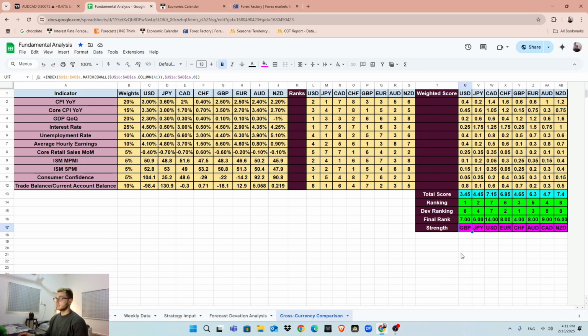The GDP came much higher than expected, the quarterly growth, which made the pound very strong right now, in my opinion. Its fundamentals are already very strong, and now the deviation ranking is very much stronger than others. This GDP data came out and shook the markets.